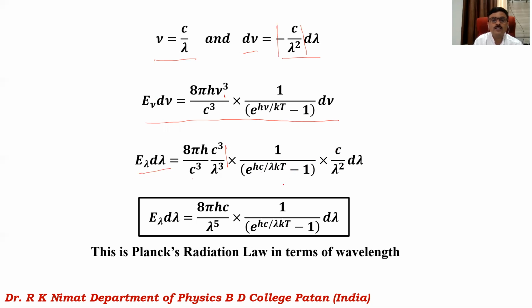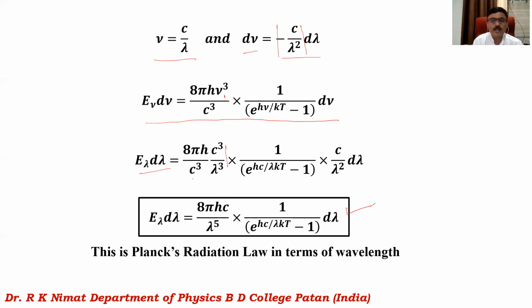If you simplify all these terms, you will observe that this c cube will get cancelled. You will get 8 pi hc divided by lambda raised to 5 into 1 divided by e raised to hc by lambda kT minus 1 into d lambda.